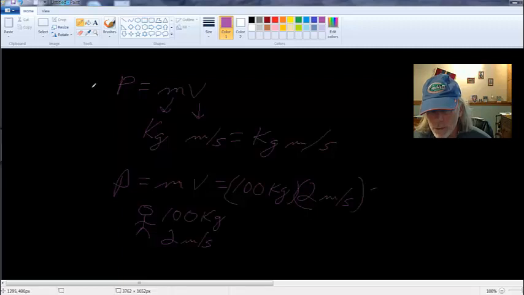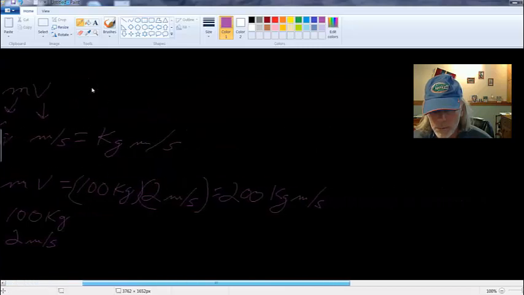So his momentum is 100 times 2, which is 200 kilogram meters per second. So that's a very simple problem with momentum.